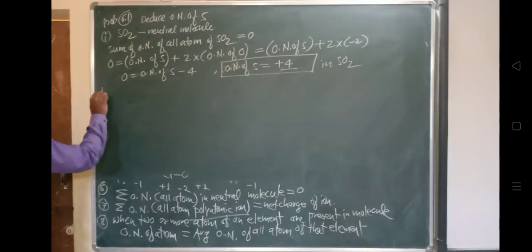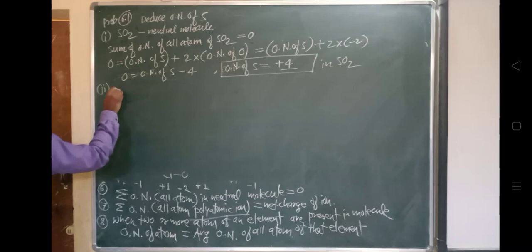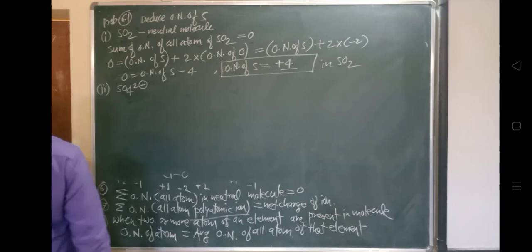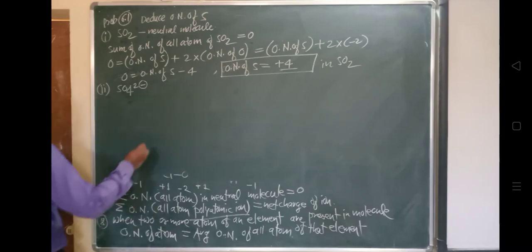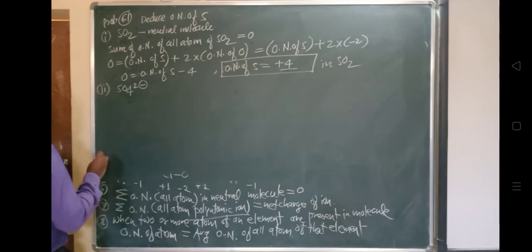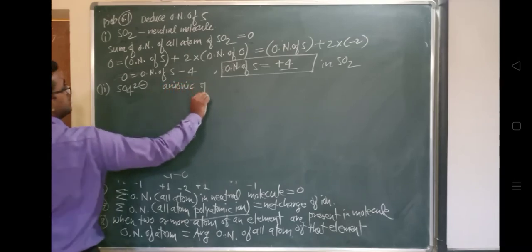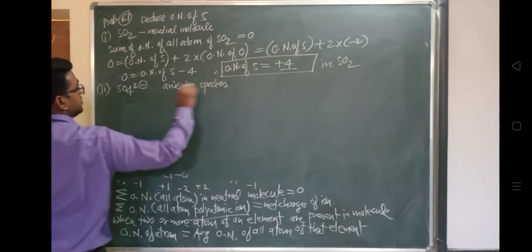Second example, in the case of SO4 2 minus. Now look at this. The total charge present over this SO4 is 2 minus. So here it is an ionic species, an anionic species, an anion, with a minus charge present.